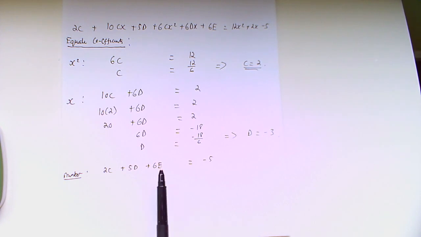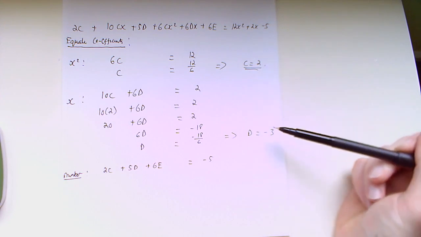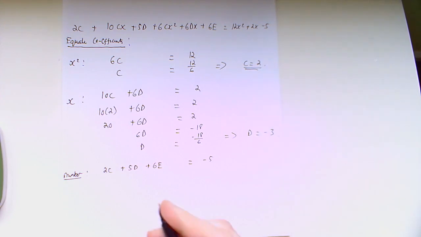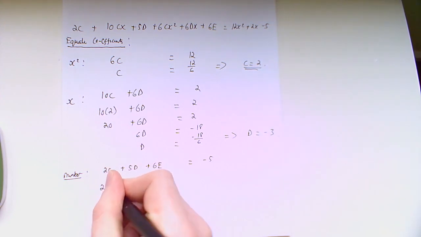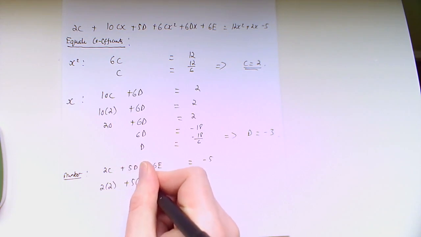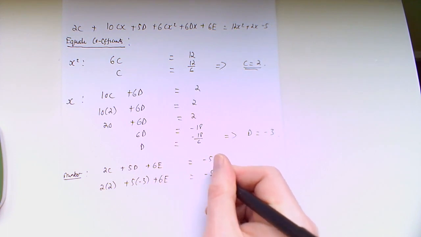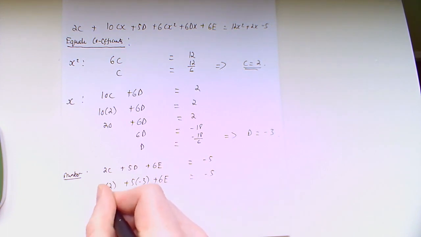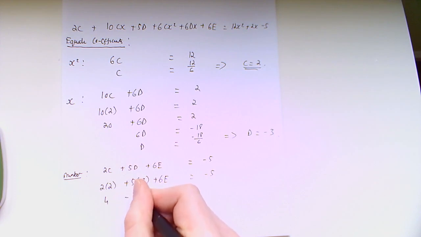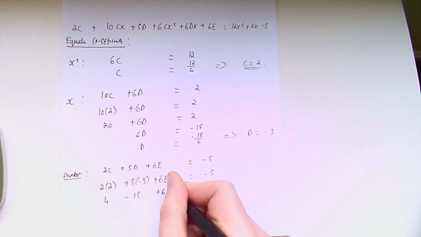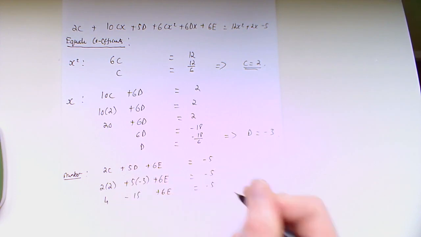Okay, again, we know what c is, we know what d is, so we're just going to substitute those in. So 2 times 2 plus 5 times negative 3 plus 6e is equal to negative 5. We work that out as 4, take away 15, plus 6e equal to negative 5.